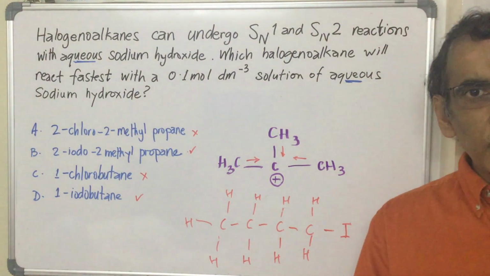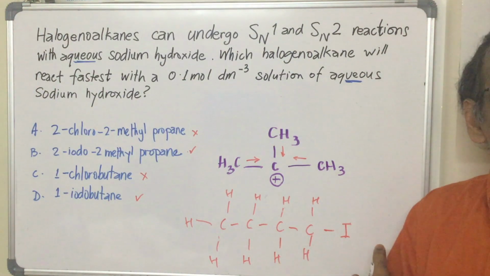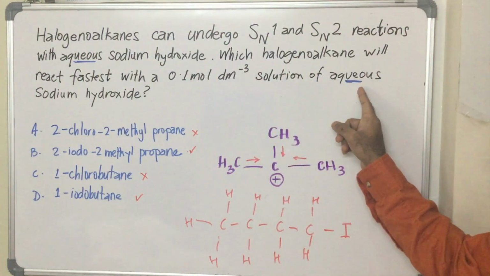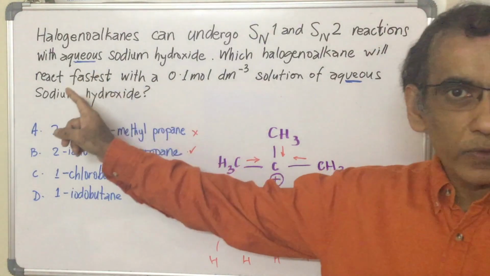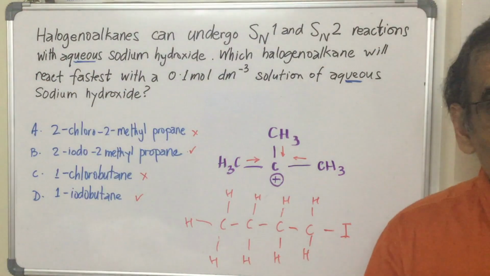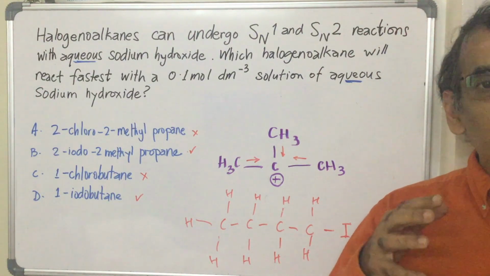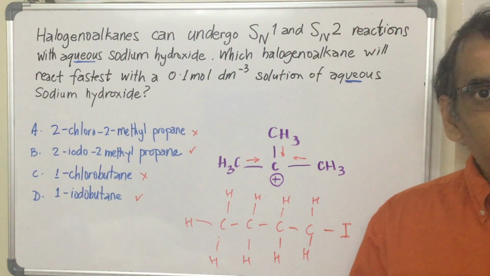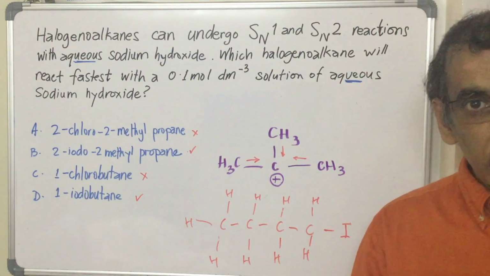Do we have a protic solvent, or do we have an aprotic solvent, which would favor the SN2 reaction? The answer to that is in this underlined term, an aqueous solution of sodium hydroxide. An aqueous solution implies that sodium hydroxide is dissolved in water. And because it's in a solution of water, that of course implies that you have a protic solvent.